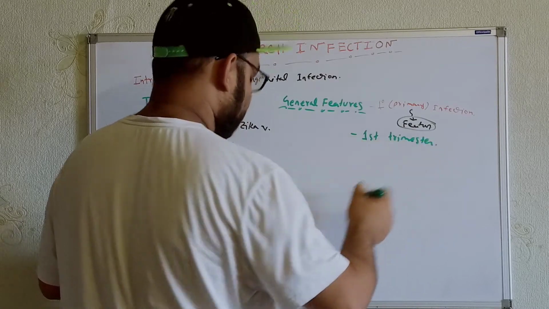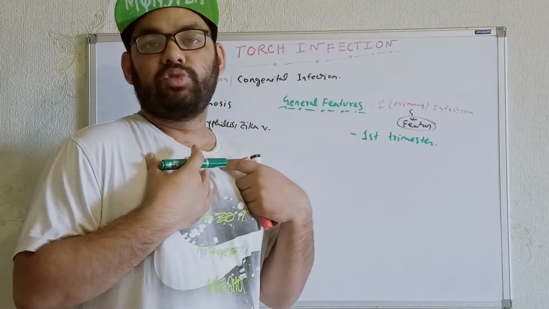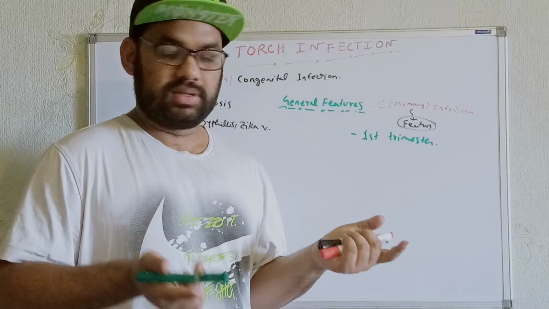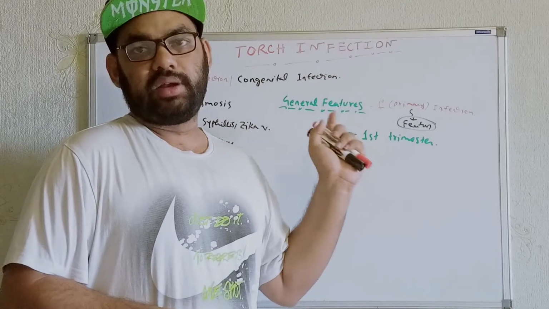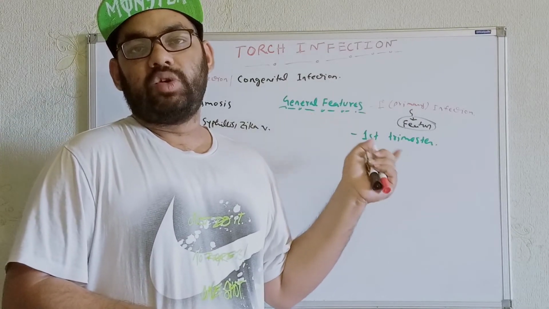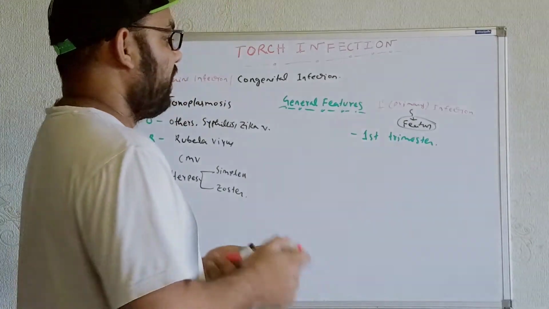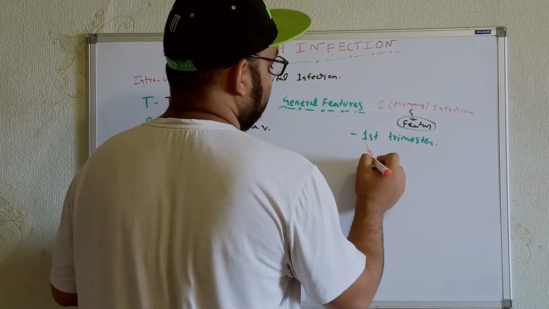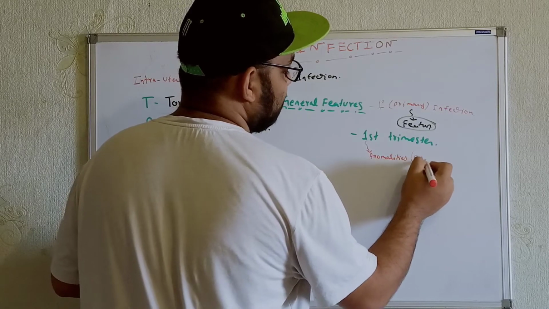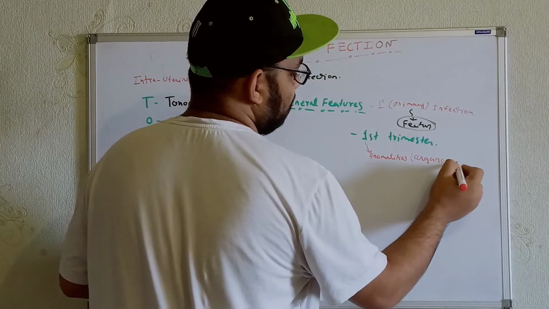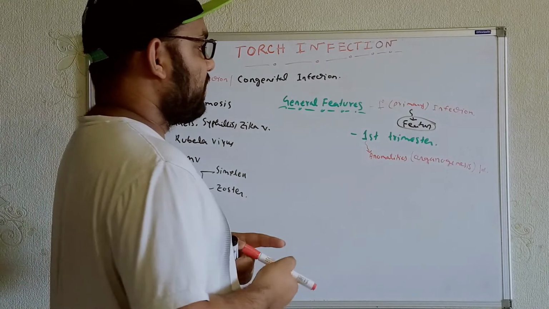We know that in the first trimester most of the organogenesis takes place. So if TORCH infections occur within the uterus in the first trimester, there will be congenital organ abnormalities, because organogenesis will be inhibited by these infections. The organs will not develop properly.